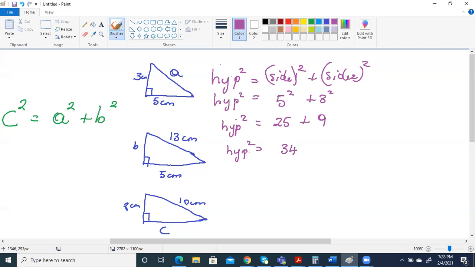So now you have your hypotenuse squared equals 34. So you need to get just your hypotenuse alone. Because it is squared, to unsquare it, you have to find the square root. And if you square root one side, you have to square root the other side.